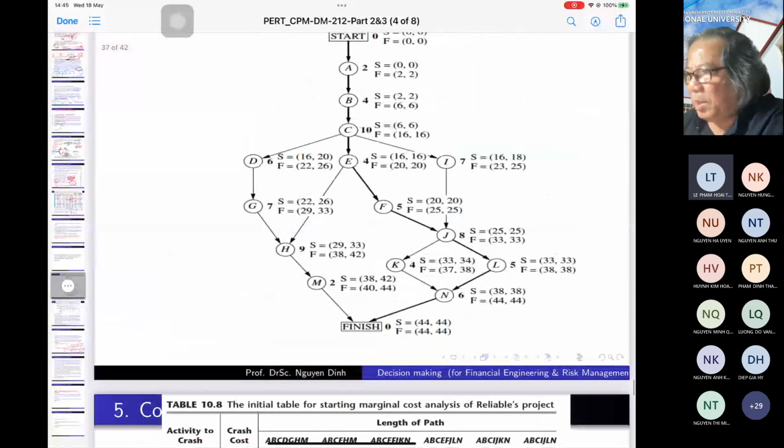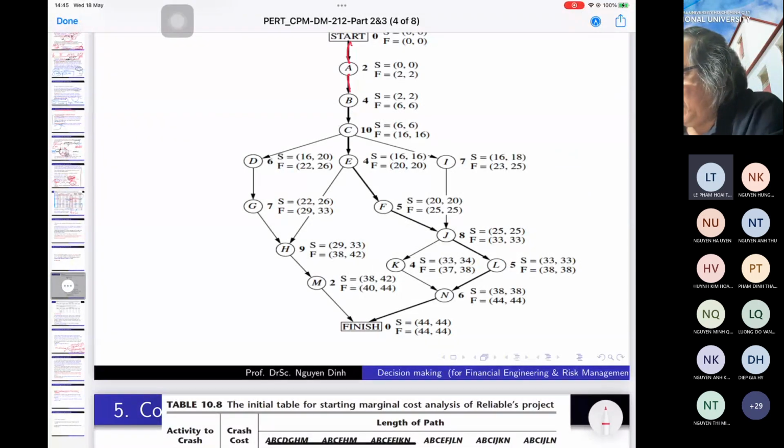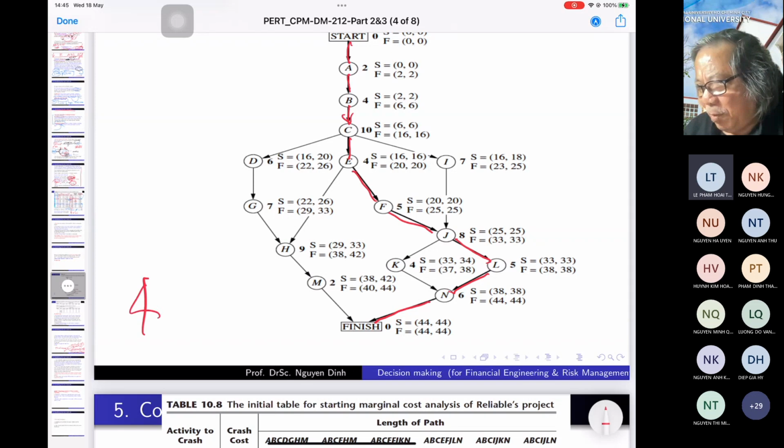You see here, we have the critical path. This, this, this, this, this. The critical path is this, and the duration of this is 44 weeks.